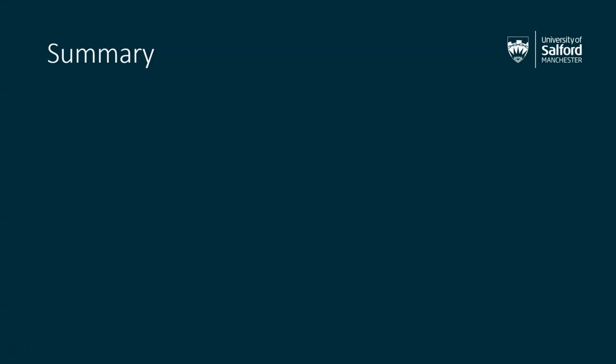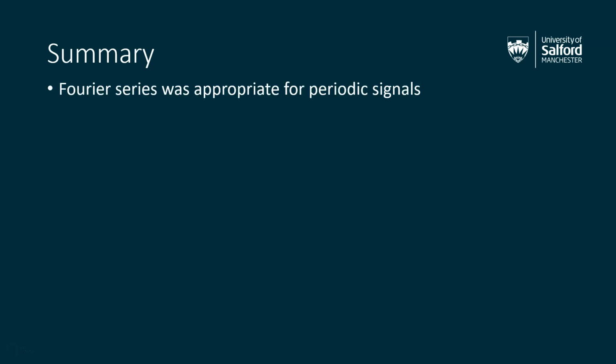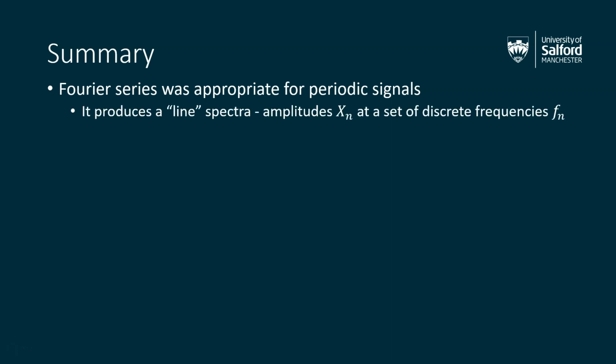Okay, so that is all for this topic. Some fairly sophisticated little maths manipulations there, depending how comfortable you are with integrals, but it's really just stepping through the maths. So Fourier series was appropriate for periodic signals. It produces a line spectrum, amplitude X_n at a set of discrete frequencies f_n. X_n has the same units as x(t).